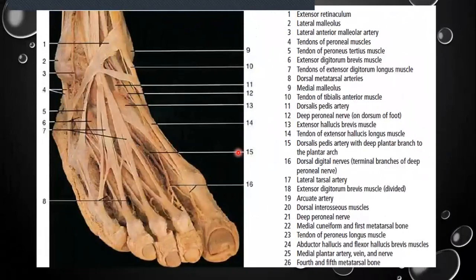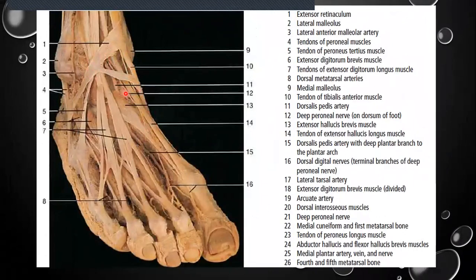Okay, then the same here, you can see this is a cadaveric image. This is your tibialis anterior. Then this is your extensor hallucis longus. And you can see here is your dorsalis pedis, which is a continuation of the anterior tibial artery.